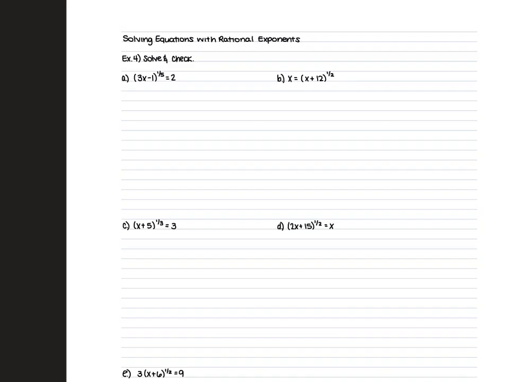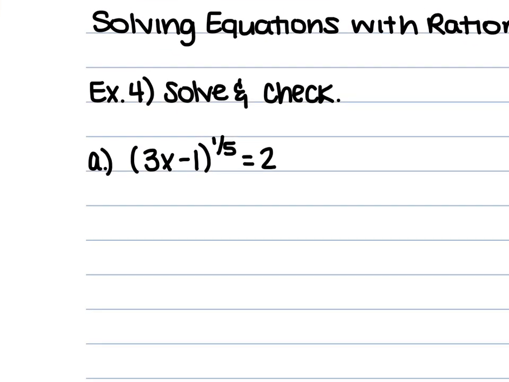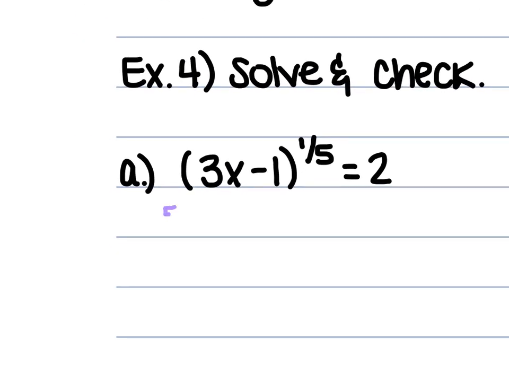All right, so looking at our next set of examples. For example 4a, we have 3x minus 1 raised to the 1/5 power is equal to 2. So this is going to turn into the 5th root of 3x minus 1 is equal to 2.